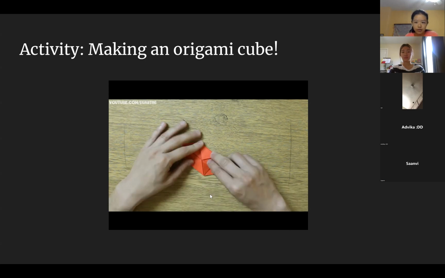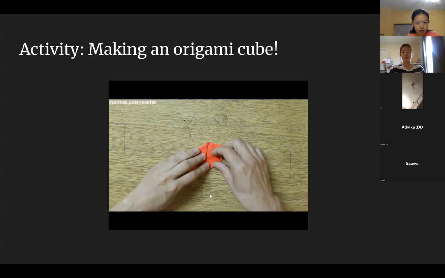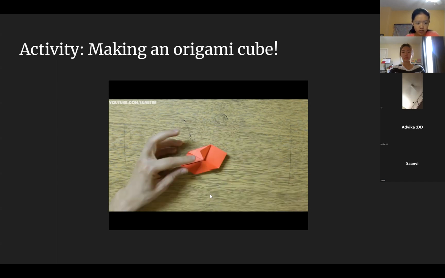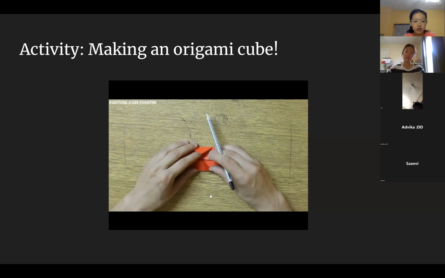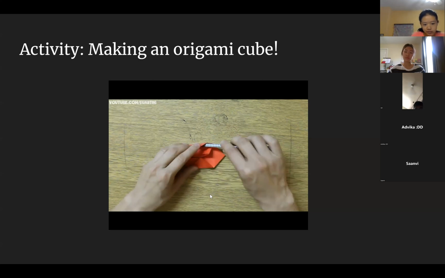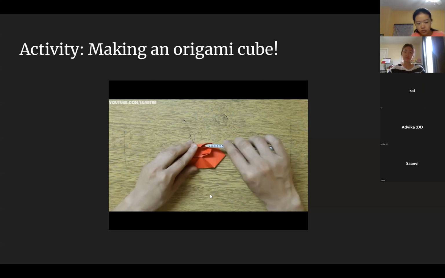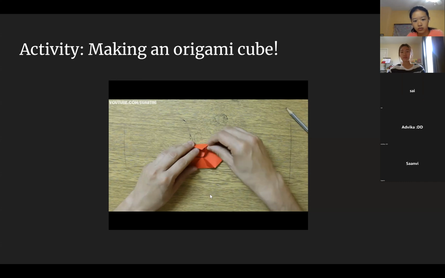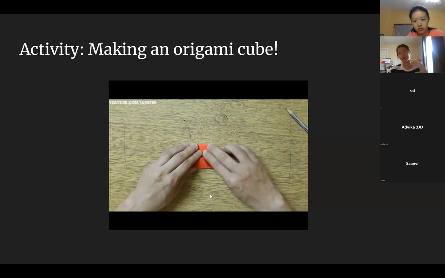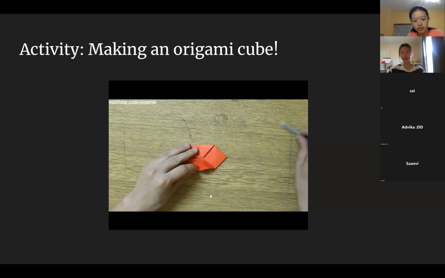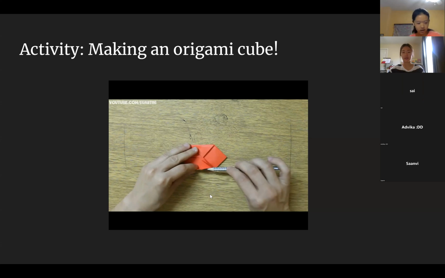You don't need scissors when folding. You might need scissors if you want a square piece of paper. If you don't have scissors, you can always just fold it and tear it. That's what I usually do.